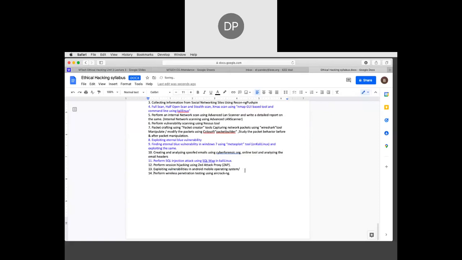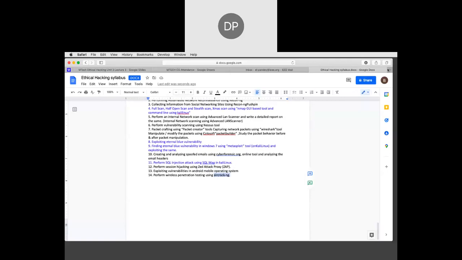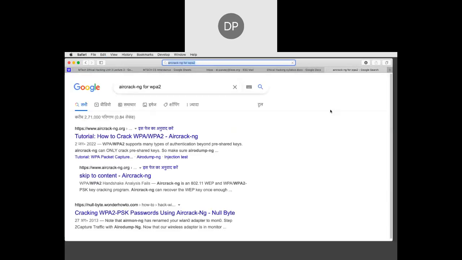If you see, exploiting vulnerability in mobile operating system, another, and performing wireless penetration testing using Aircrack-ng. Okay, Aircrack-ng is also able to crack WEP and WPA2. We'll try it.